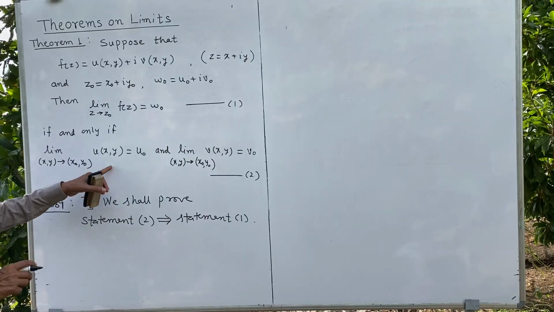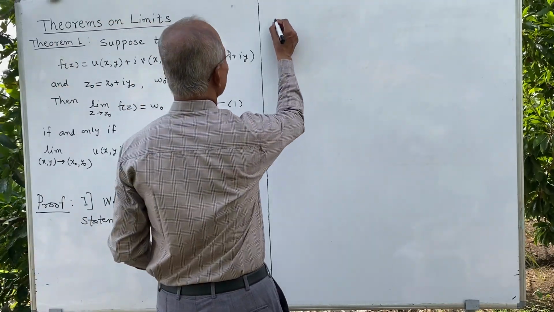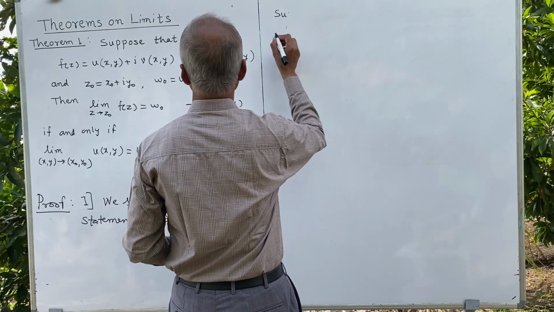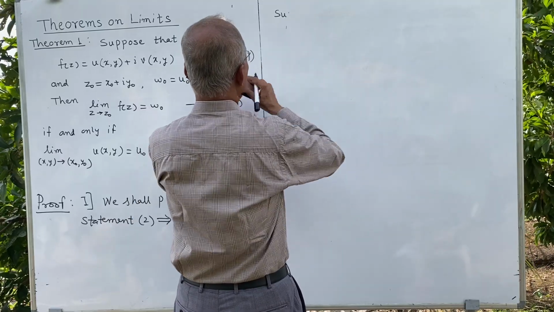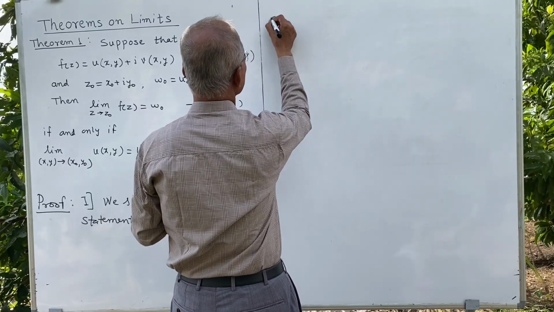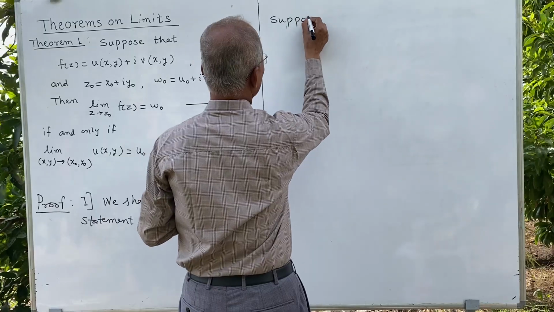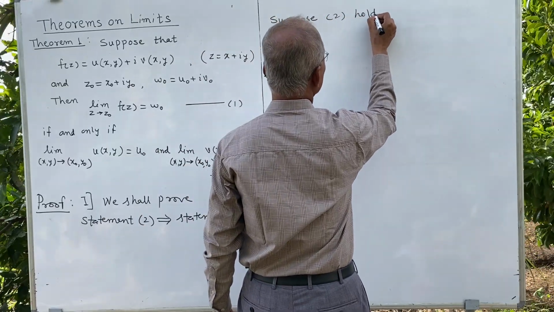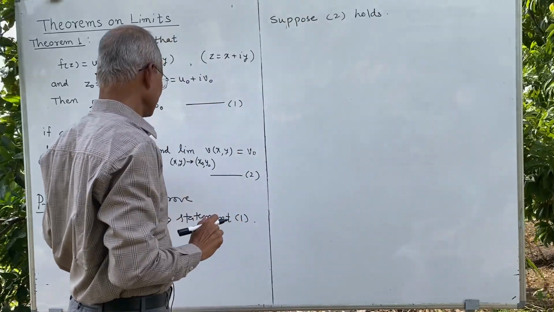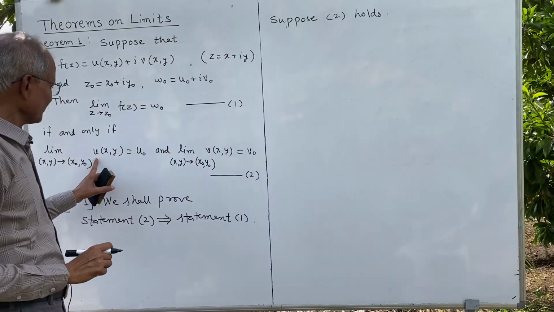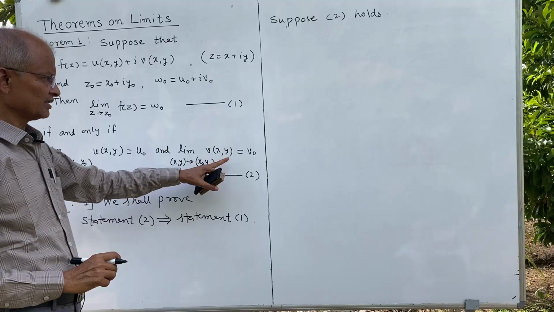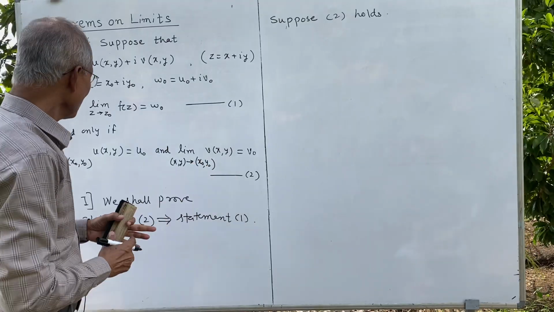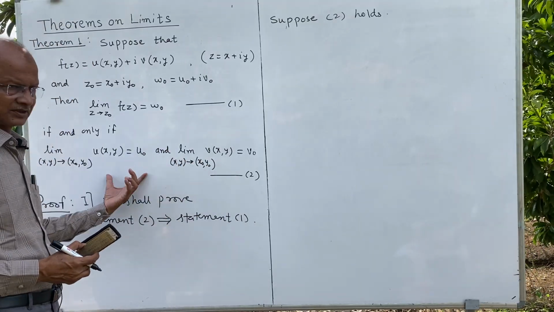And now suppose statement 2 holds. This statement is true, that is, limit of u is u naught and limit of v is equal to v naught. And now we apply the definition of limit for this.